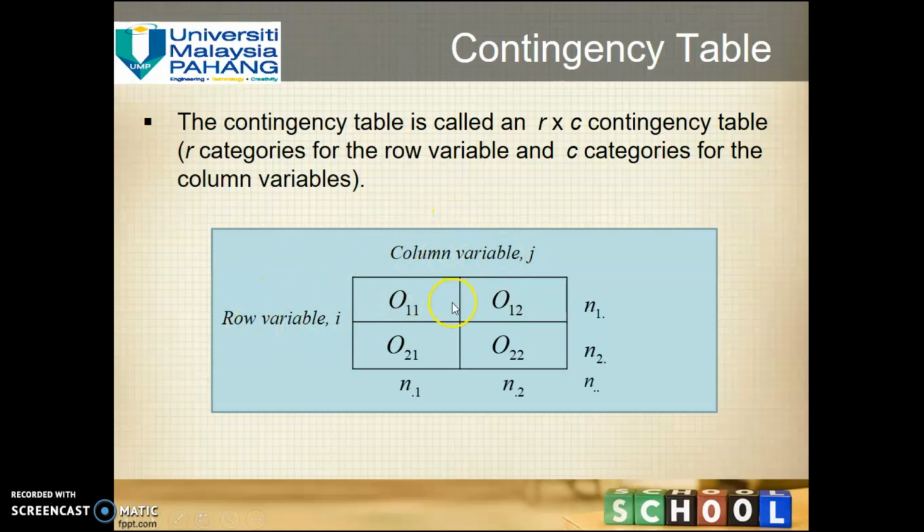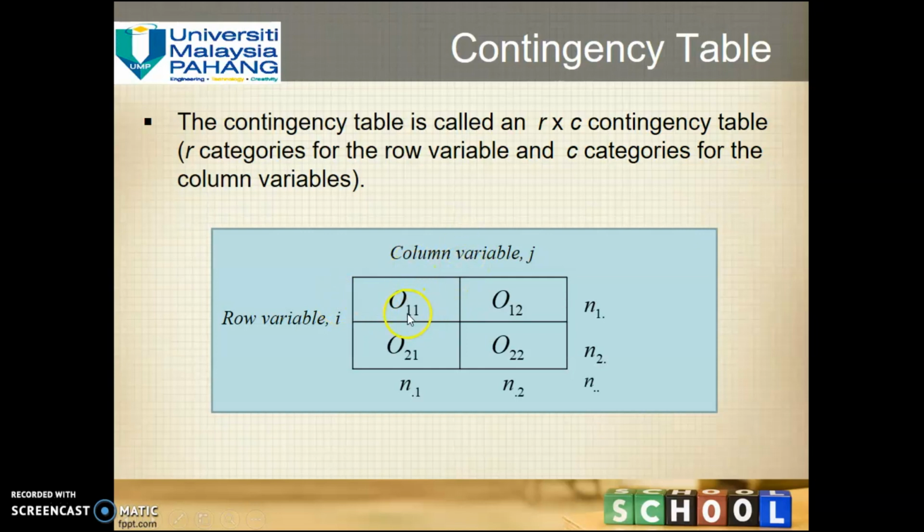The data here is your observed frequency. The first number represents I and the second number represents J, so in general it is O_ij: I for row, J for column.